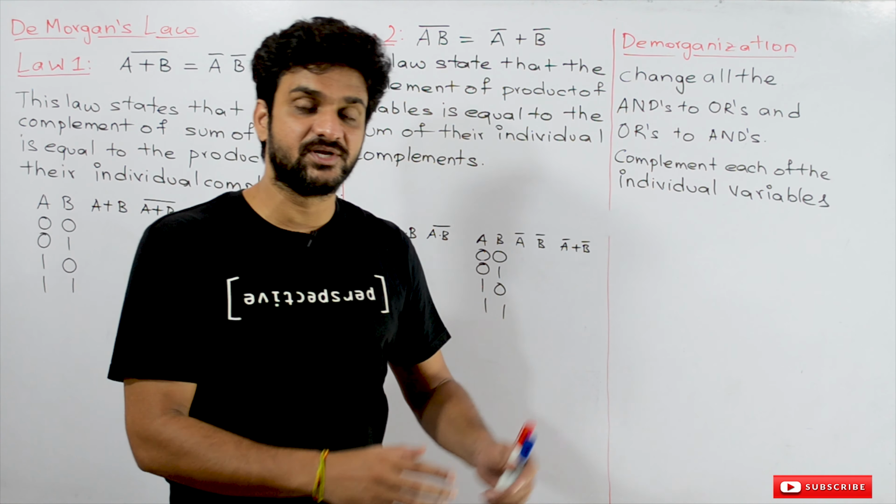What does that mean? For example, if you take AB plus CD plus EFG, this is what we call a combination of variables. If you find the complement of this sum of the combination of variables, De Morgan's law can be applied on this complement.